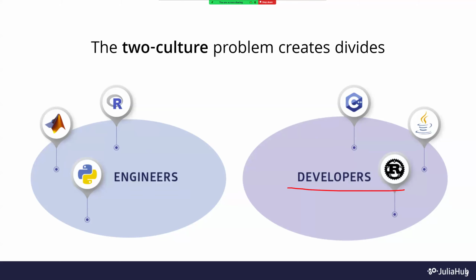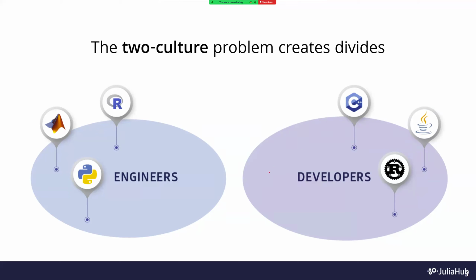Conversely, developers require performance, reliability, and scalability in their production environments, so products put into deployment lead them to languages such as C, C++, and Java.